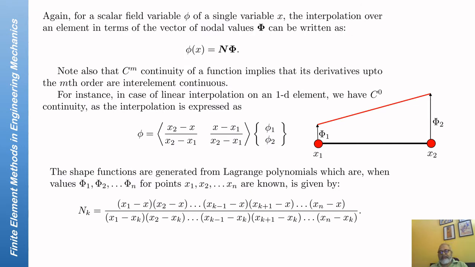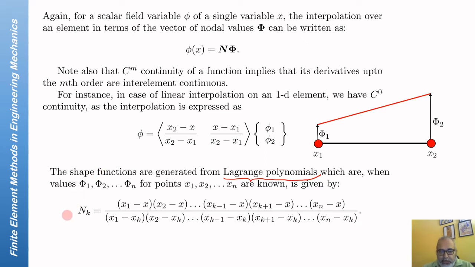Now, before we go into the details of the isoparametric scheme, things are somewhat easy in 1D, because in 1D we have this thing called the Lagrange polynomial, which is a scheme for interpolation in 1D, and this gives me directly a formula for generating shape functions.